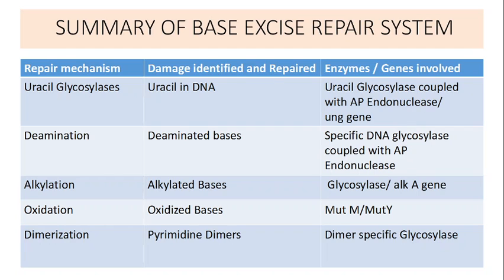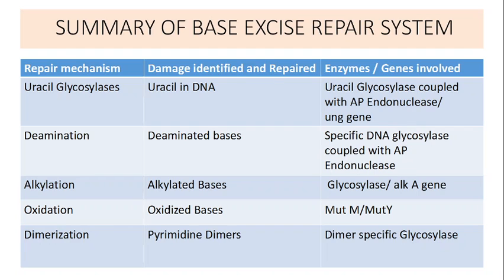It then acts as an AP endonuclease to cleave the phosphodiester backbone, leaving an AP site. MUT-M thus has both 8-oxoguanine glycosylase activity as well as AP endonuclease activity.